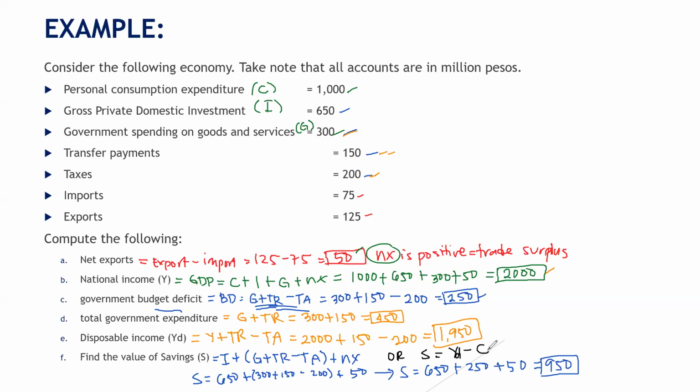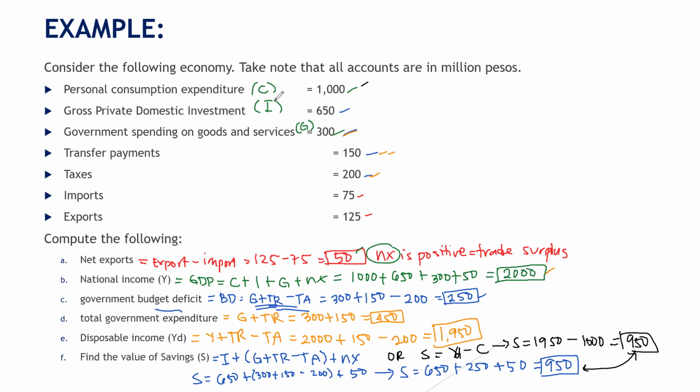I'm sorry for that. So we have already computed the disposable income. So here, the savings, the disposable income is 1,950 minus the consumption, which is 1,000. So our savings is still 950. So they're actually equal. Okay, so you can use the formula where savings is equivalent to disposable income minus consumption, or you can also use this formula that we derived using the national income identity.